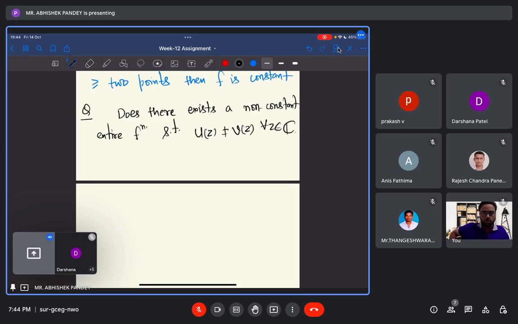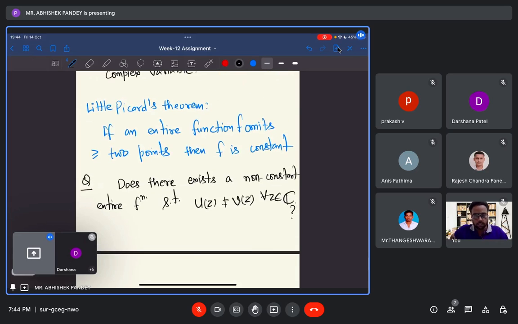Is it true? What would be your answer? Does there exist a non-constant entire function such that this holds? Can anyone tell me?